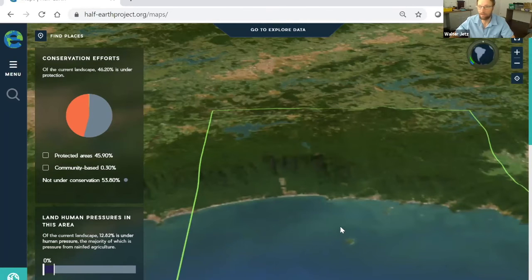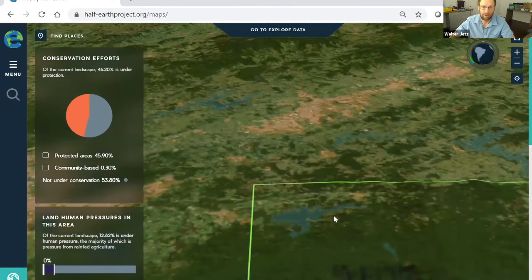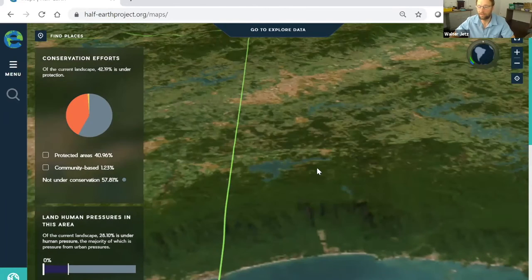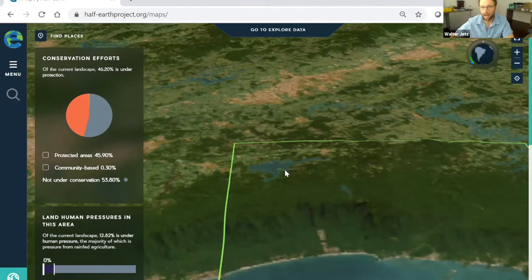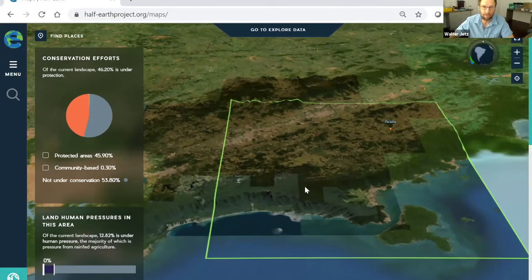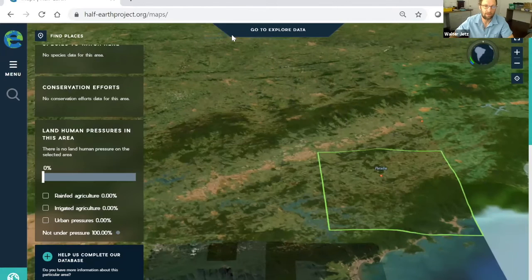And thanks to satellite-based monitoring of the Earth's surface that we are bringing to you here in this browser, we were able to see these impacts in greater detail. And in the HalfEarth map research, we are linking these high-resolution pieces up with one another to then identify the places that are most important for future conservation activities.